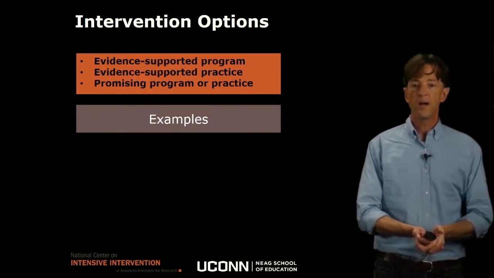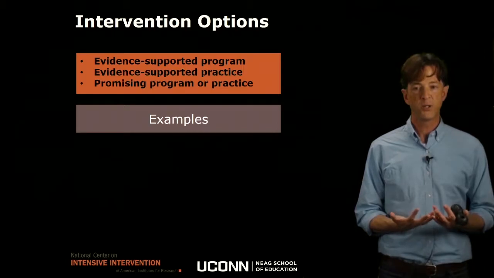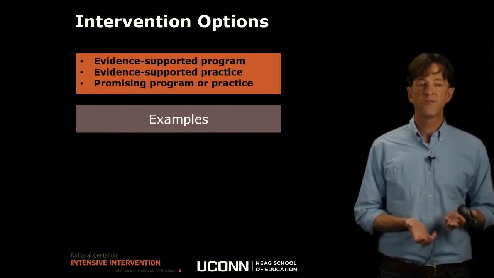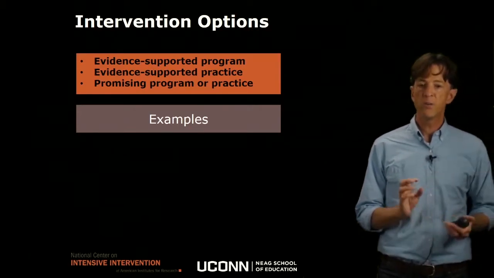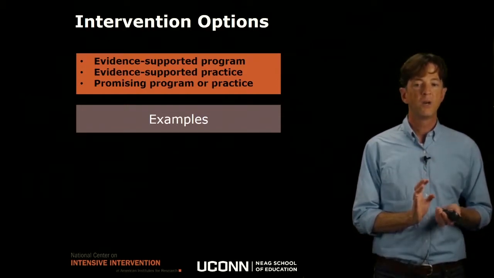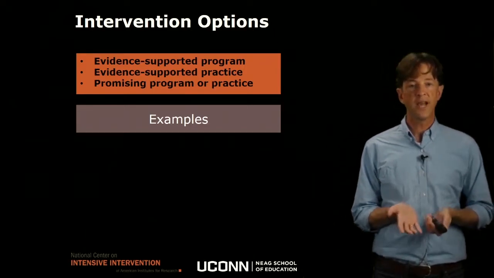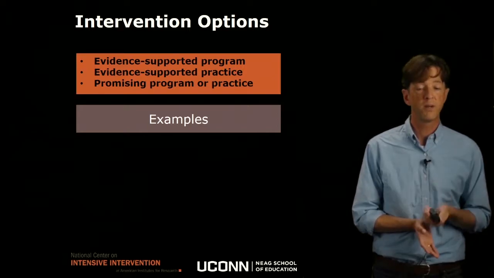So the activity for this part of this module is to look at examples of different kinds of practices for teaching reading, different intervention options, and determine whether we think these are an evidence-supported program, an evidence-supported practice, or a promising program or practice. So we're going to do a couple of these together, and then there'll be an activity that you'll be doing independently in your workbook.